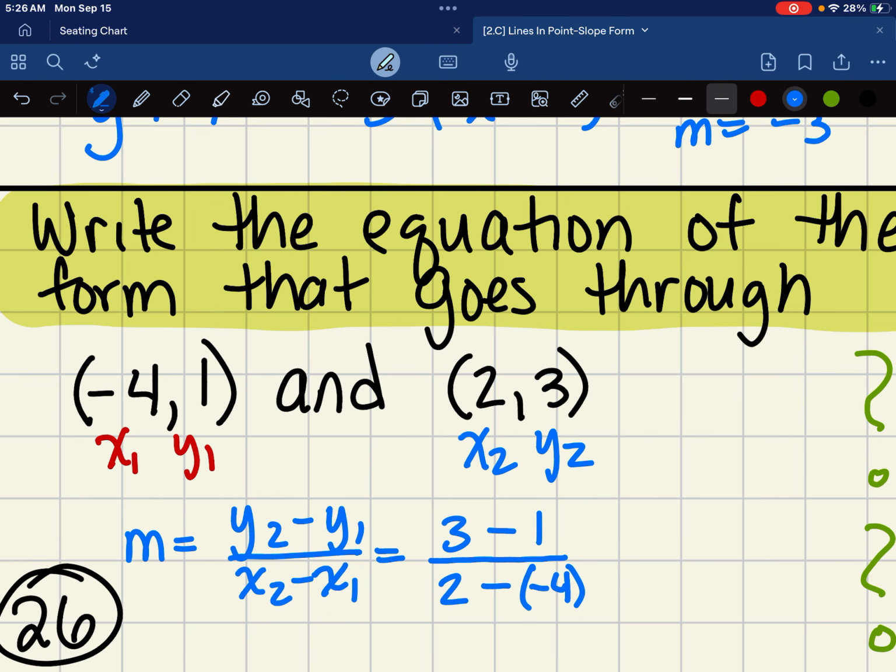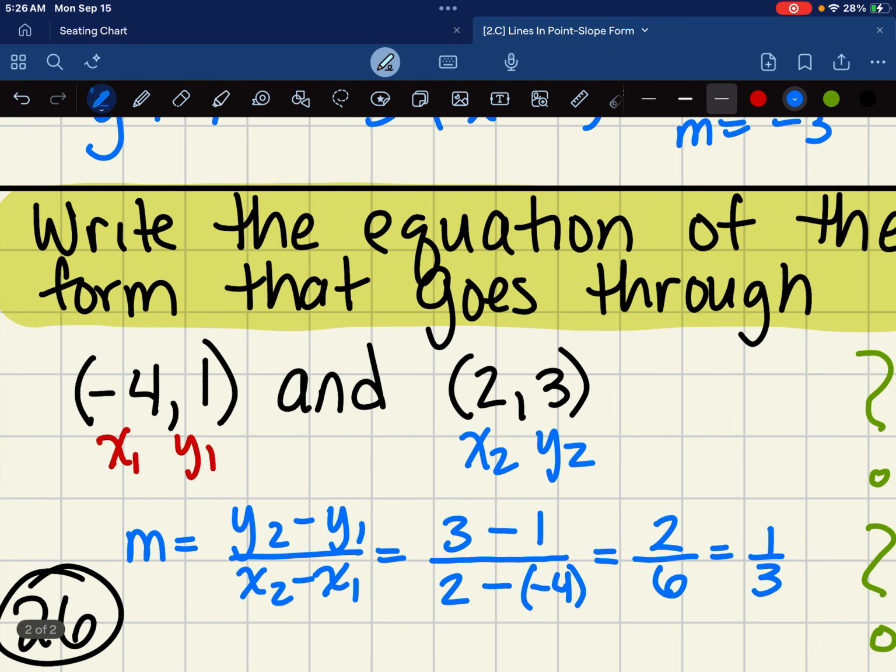And I put that -4 in parentheses because we can't have negatives touching. We don't touch symbol to symbol here. So I'm going to subtract across, right? So 3 minus 1 is 2. And down below, 2 minus negative 4 is 6, because when you subtract a negative, it's like adding. And this bad boy can reduce to 1/3, because 2, 6, those are both divisible by 2.